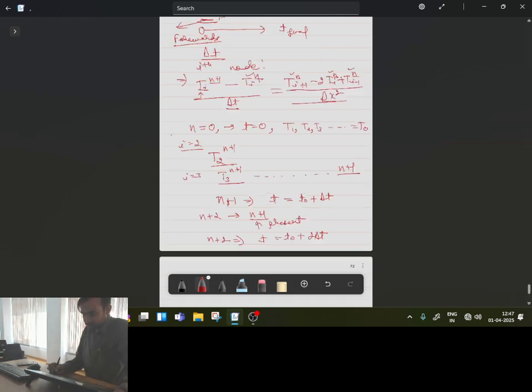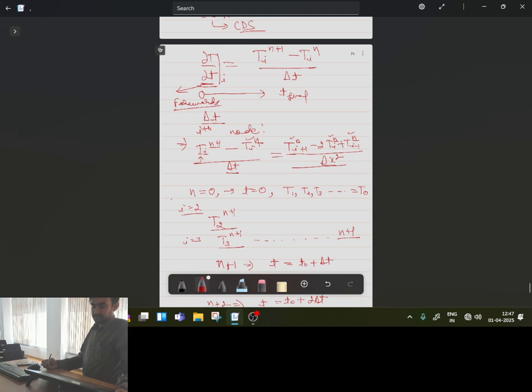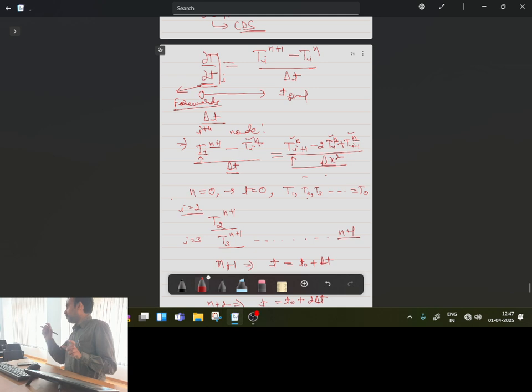The first step, it will be simply T_i^(n+1) is equal to T_i^n. In the first step, why? Because the right hand side will be cancelling down. That will be only true for intermediate nodes when we are considering T2, T3, all equal to T0.